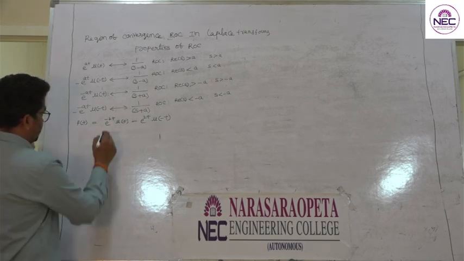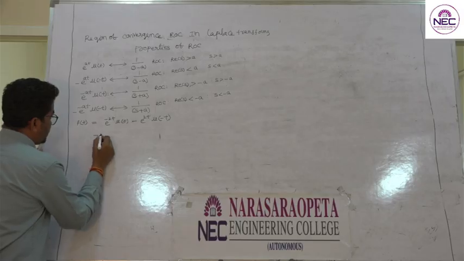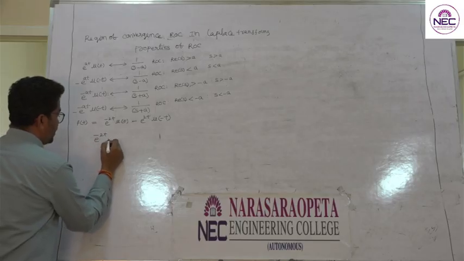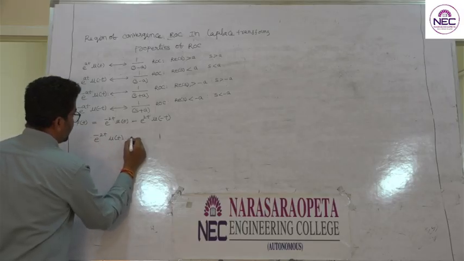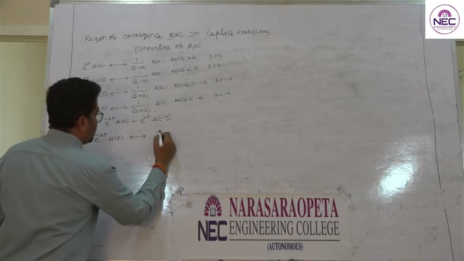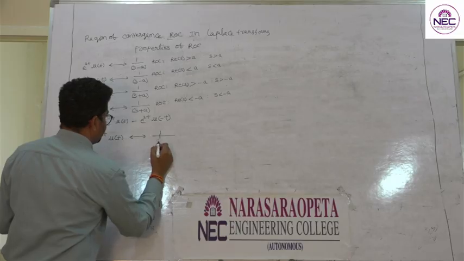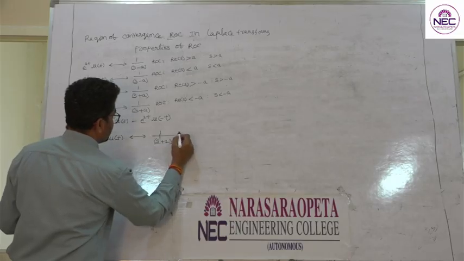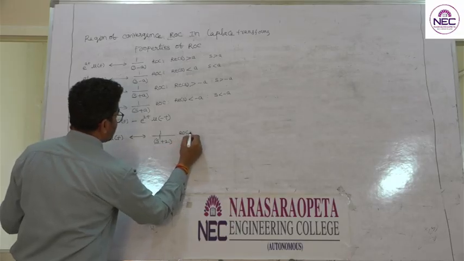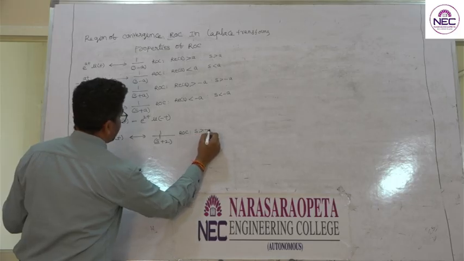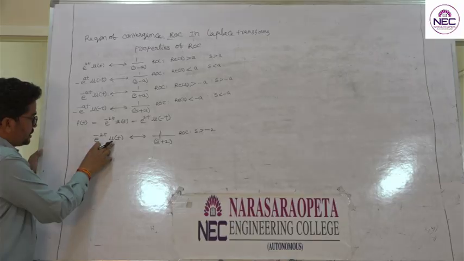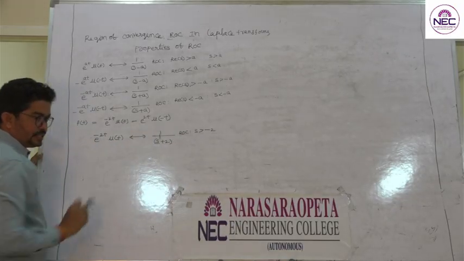Linear combination of 2 signals. Transform of e power minus 2t into u of t: 1 by s plus 2, ROC s greater than minus 2. Right side signal, right sided ROC.